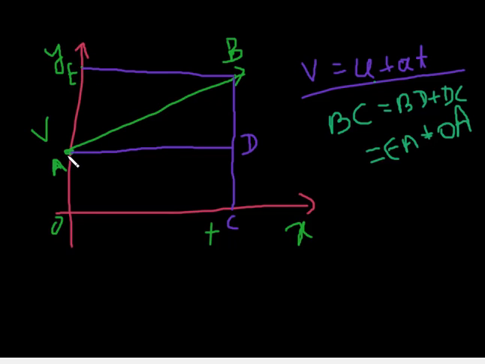Okay, EA plus OA. What is BC here? What is at point B? At point B, the velocity of the body is final velocity.